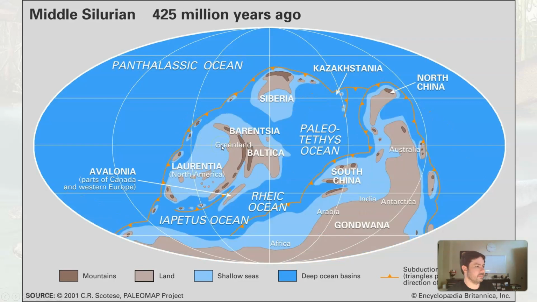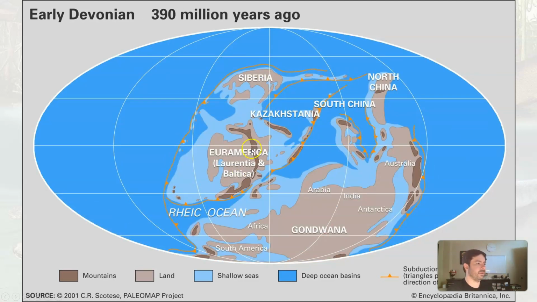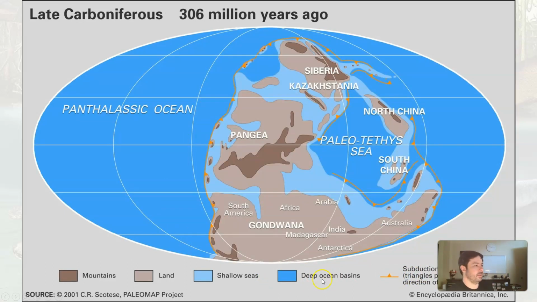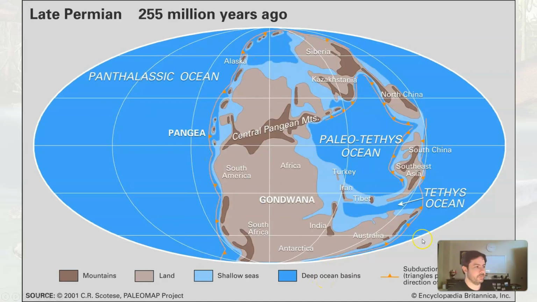Laurentia, where did Laurentia go? Oh, more down here, then back up here. They show you land, mountains, shallow seas, deep ocean basins, subduction zones, so convergent boundaries. So this is a series of these things that were put together.